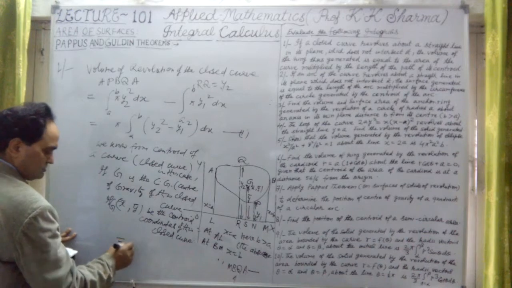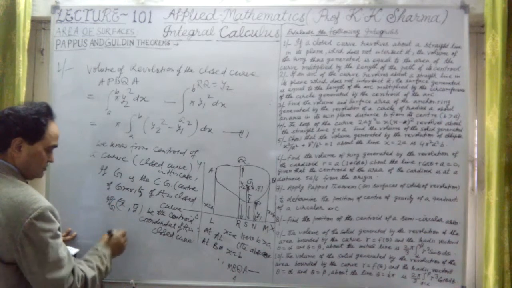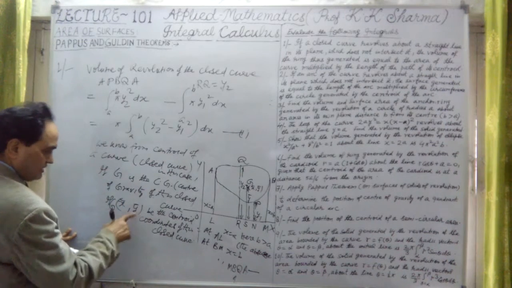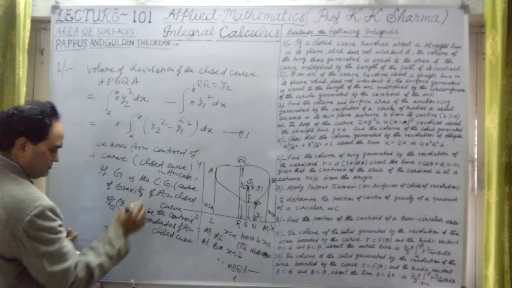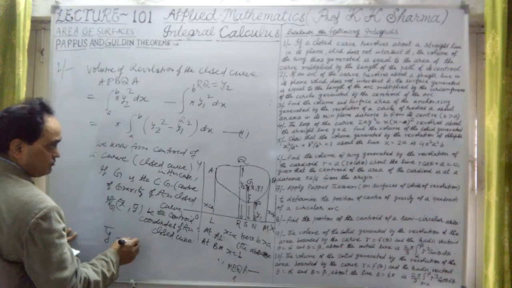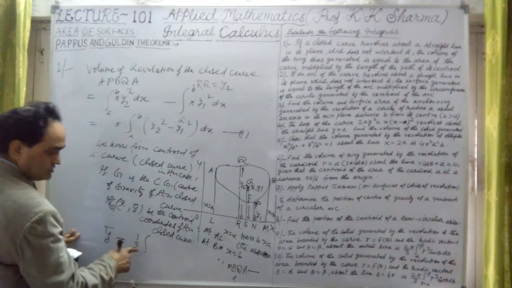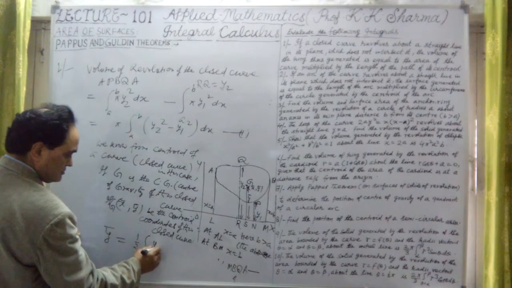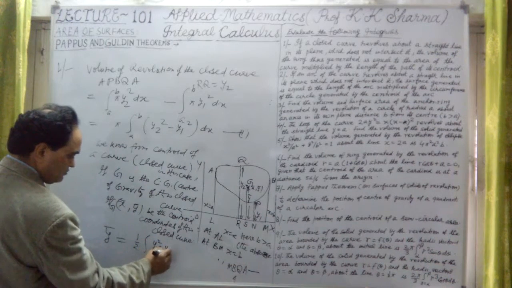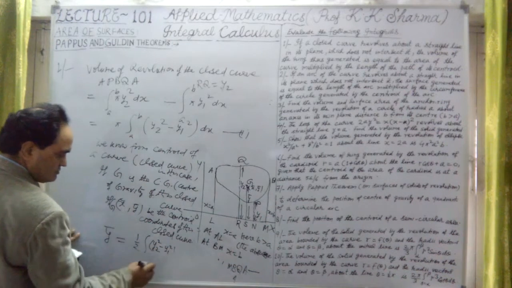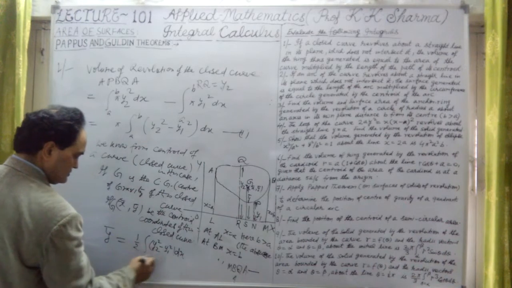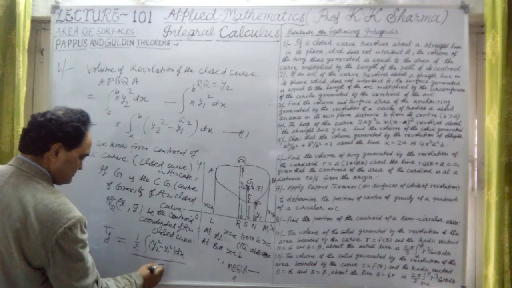This y bar is the height of the centroid, and y bar is equal to half of the integral of y2 squared minus y1 squared into dx, divided by s here.